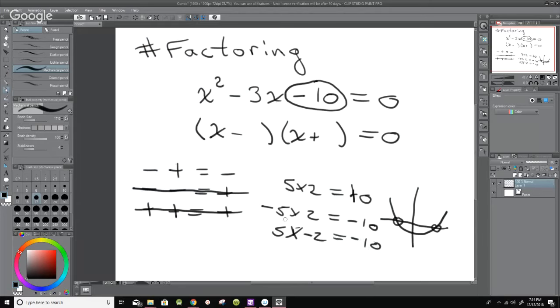Now we need to figure out which one of these is right for us. The way we do that is we look at this negative 3 here. If I end up with a negative 3, that means when I add these two terms, we end up with negative 3 instead of a positive number.